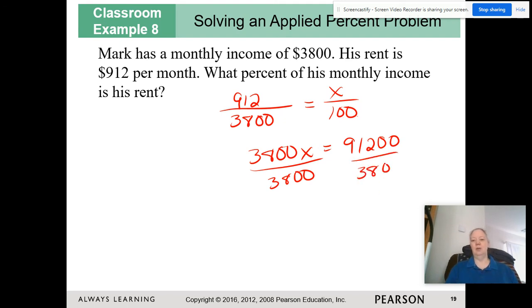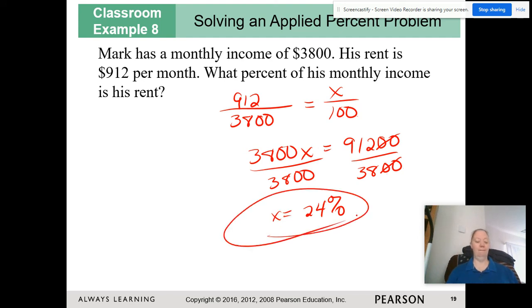By the way, if I have 2 zeros on top, I can divide both of them by 100. 2 zeros, 2 zeros, I can cancel those out. So right now I'm at 912 divided by 38, and that would give me 24. Remember, I'm looking for the percent, so it's 24%. And there you go.